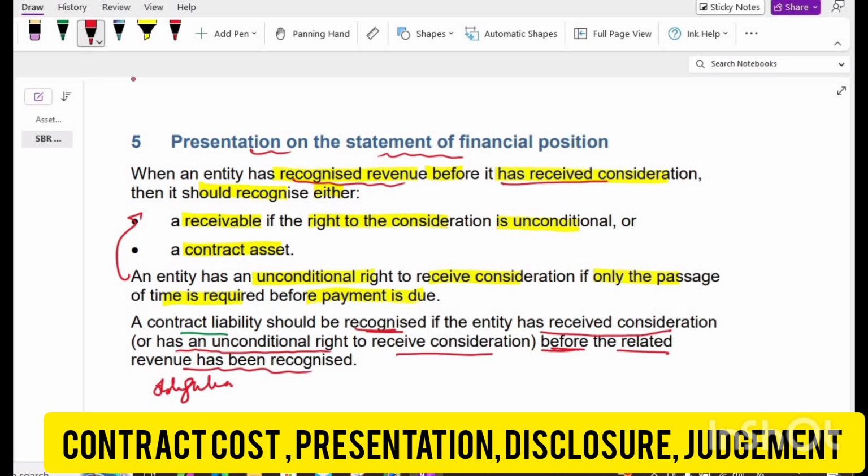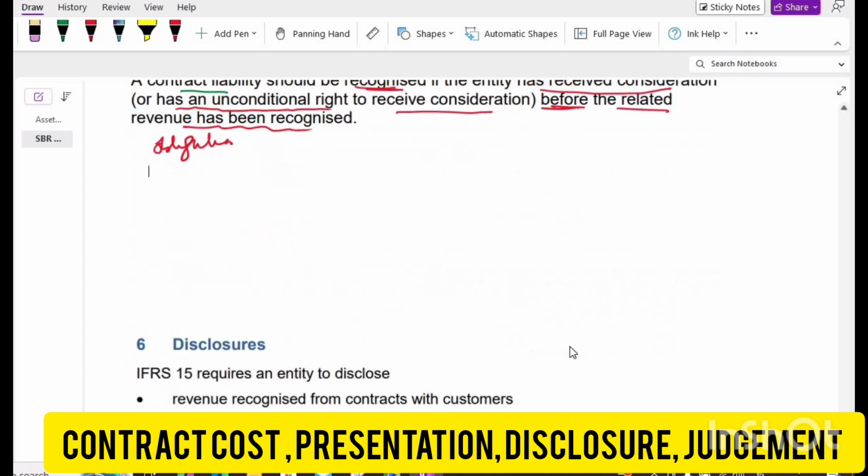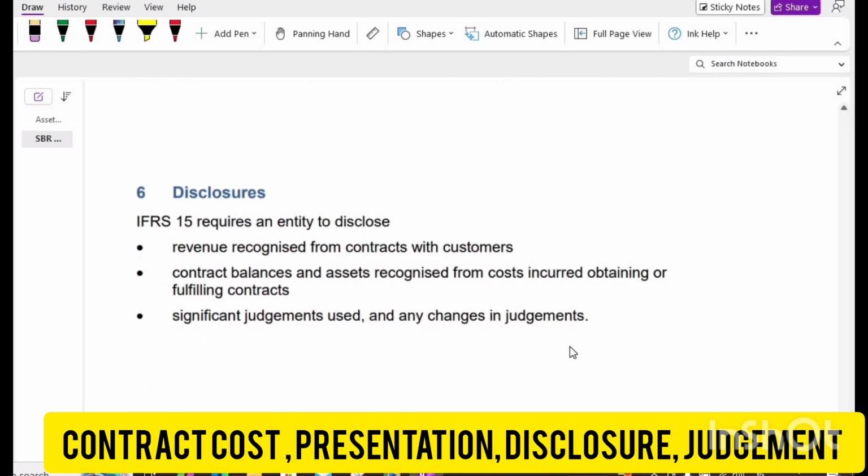Now we have another concept, and that is disclosure. I think we are just wrapping it up here. IFRS 15 requires some disclosure. The first one is to require an entity to disclose revenue recognized from contracts with customers.